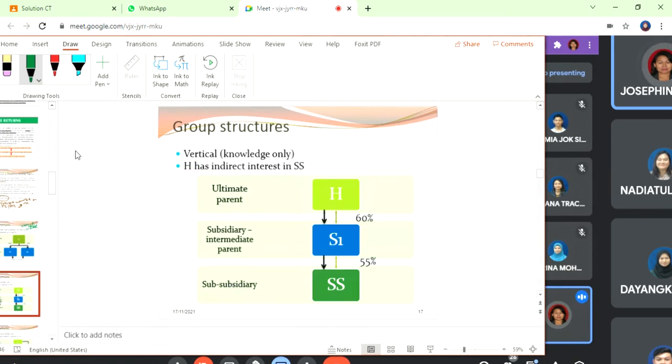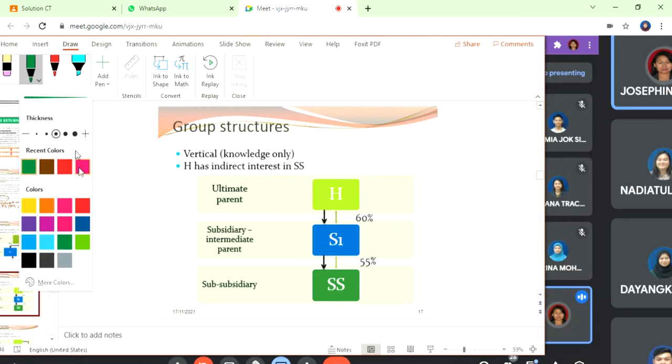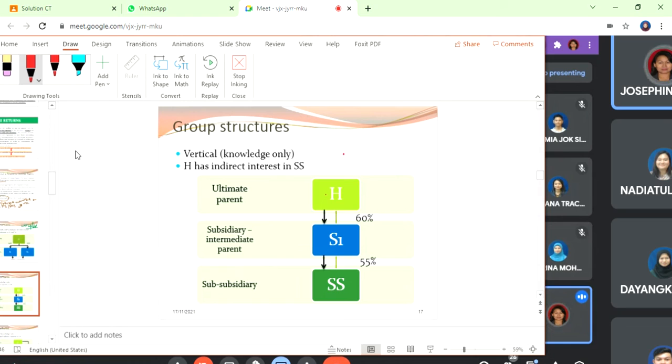Now there is another type of group structure. We call this the vertical group. So we put this under complex structure. We call it vertical form. Why? Because the holding has a direct subsidiary, direct control over this.